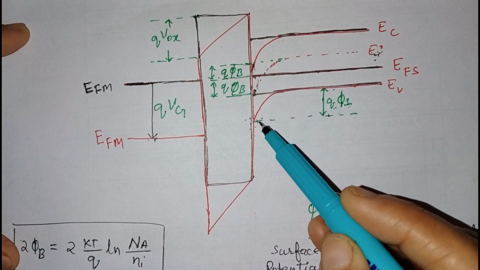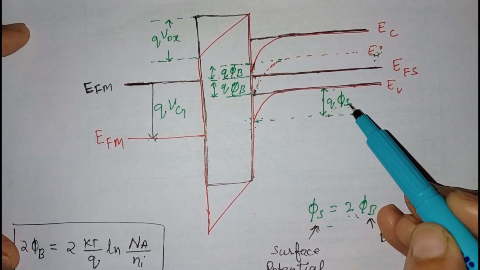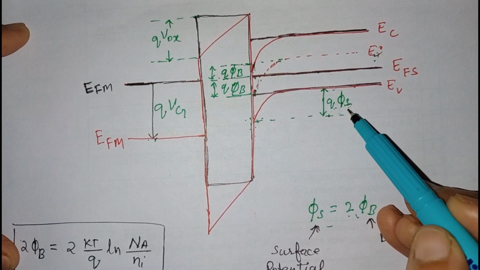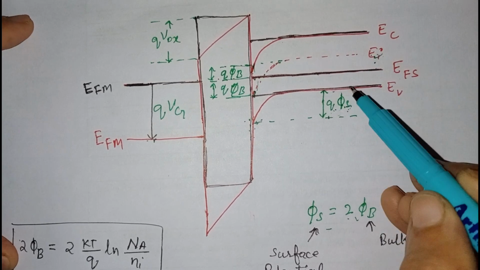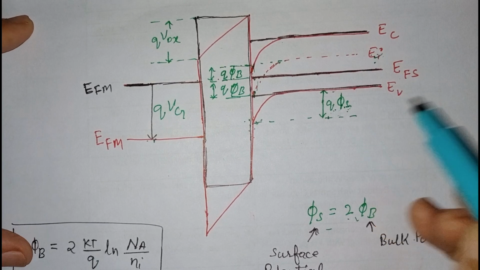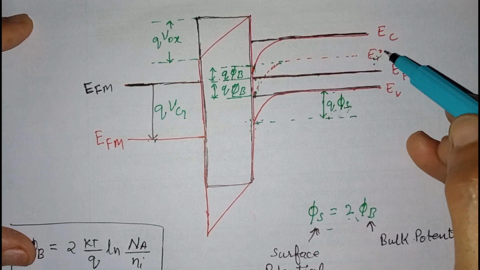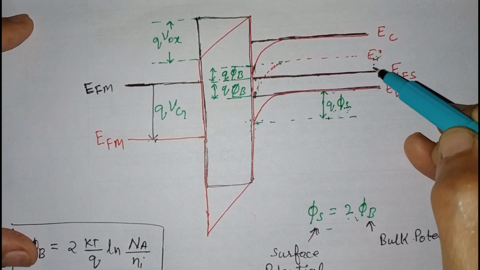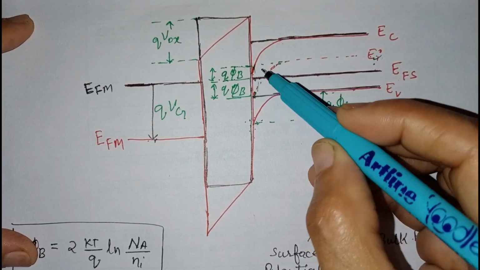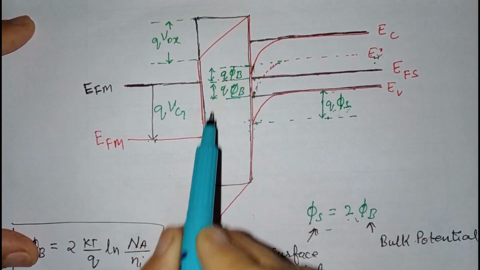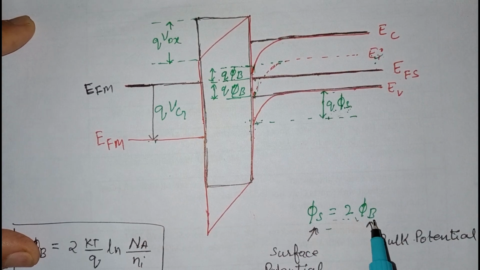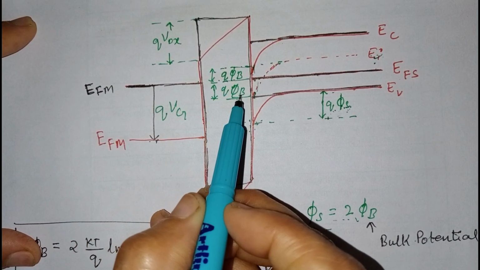The amount of band bending is given by q times phi s. This phi s is the surface potential, or the voltage drop in the silicon. This phi s is given by the difference between the intrinsic energy at the bulk and the intrinsic energy at the surface. So this is equal to 2 times phi b. This phi b is the bulk potential.